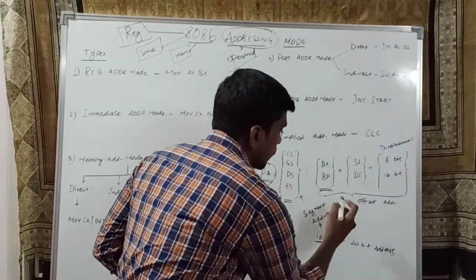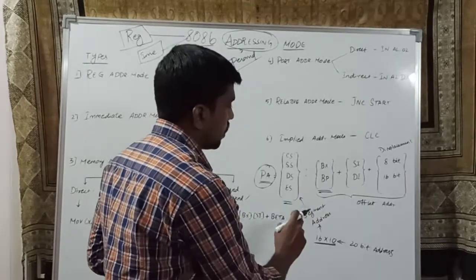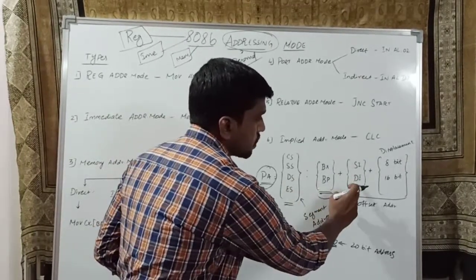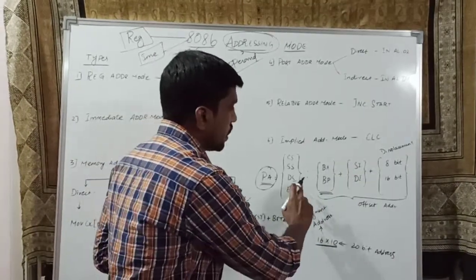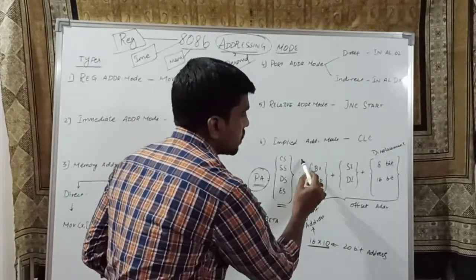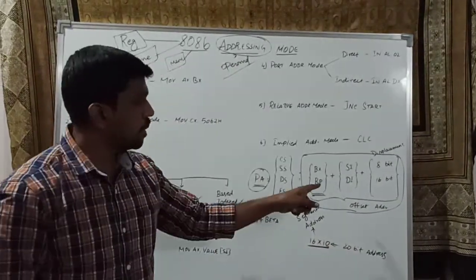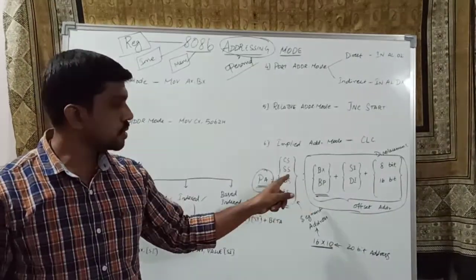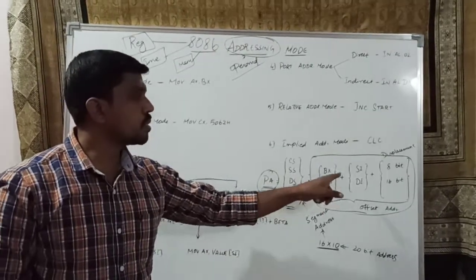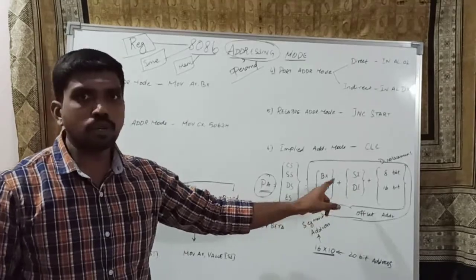So you can add the data segment value with the base value, or the segment value plus the index value, or the segment plus these two values, or the segment plus these three values. Based on the type of addressing mode, you add the segment value with the base, index, displacement, or all the values.